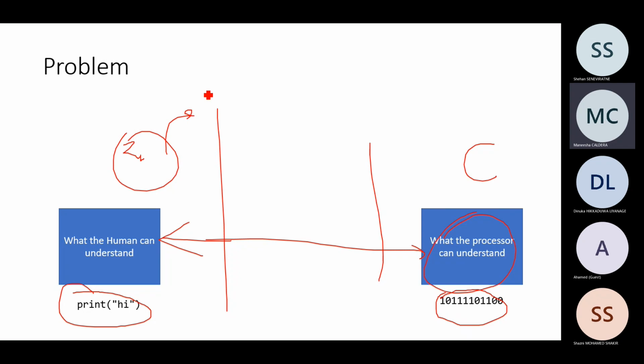It might be English or any other language that fits the case. Then we need to convert it into a machine understandable format. Simply, you have to convert it into bits, like ones and zeros. That's the major problem. Now we are trying to solve this problem bit by bit, and then we will realize how to get the most work done.